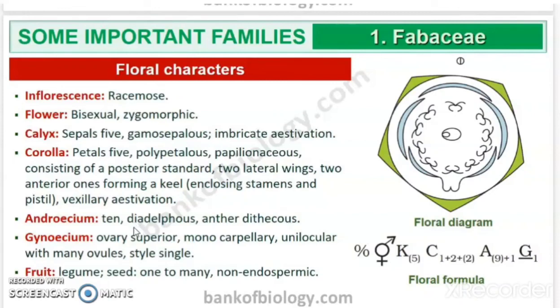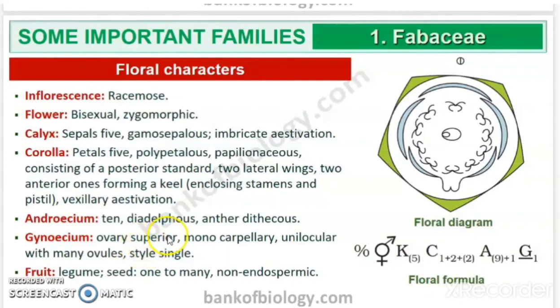If free, it is called polyandrous, and when united, we use different names for it. It is differently united, so it has different names like monoadelphous, diadelphous and polyadelphous, right?